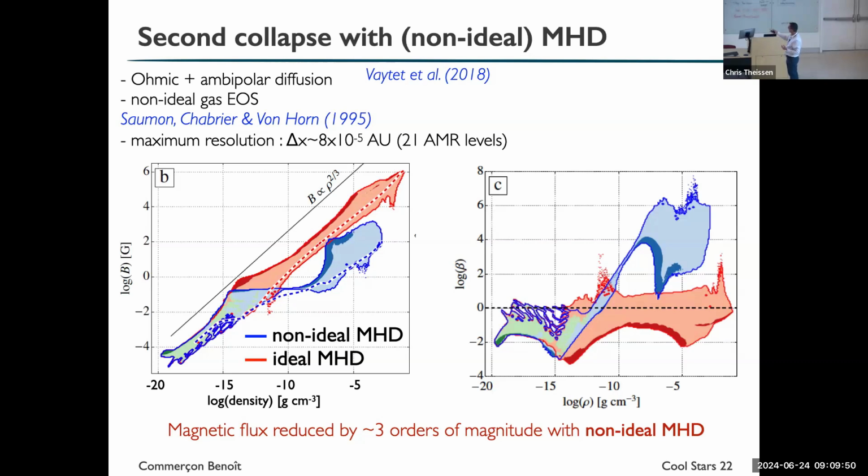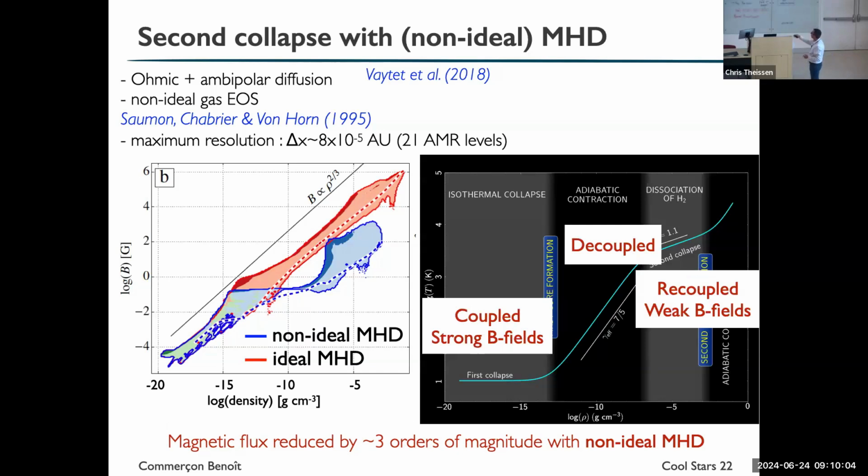I should say that also because of this first step where the magnetic field is strong at the AU scale, we still have an efficient magnetic braking. So most of the angular momentum is removed from the system. Now, on top of the thermal evolution, we can put the magnetic field evolution.